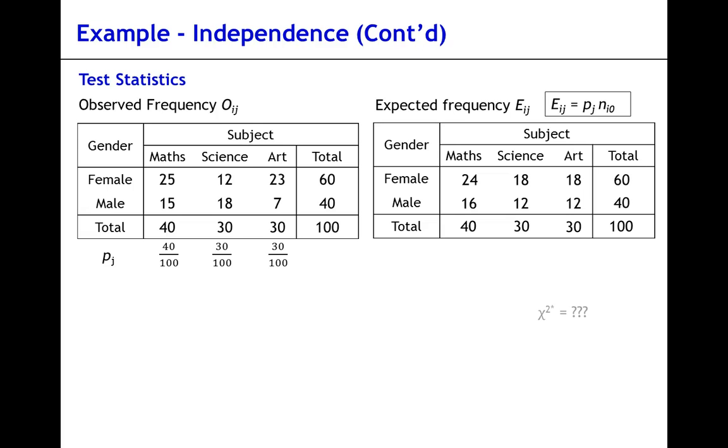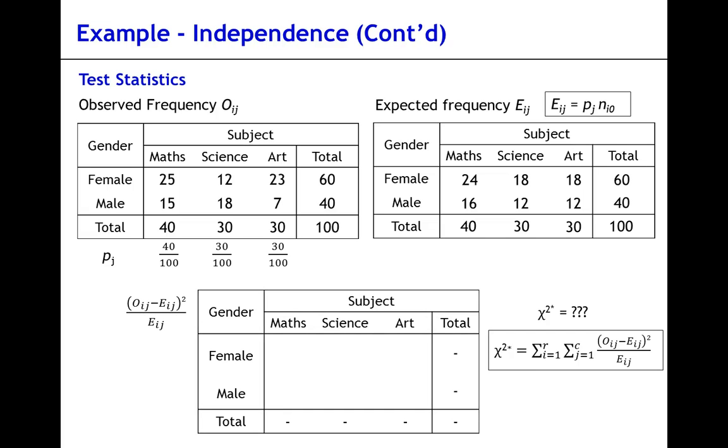Next, we find chi-square star. The formula for chi-square star is given by this formula. But first, we must find the squared difference between the observed and the expected frequency, divided by the expected frequency, for each category. For the first row and first column, we substitute O sub ij with 25 and E sub ij with 24 to get this value.